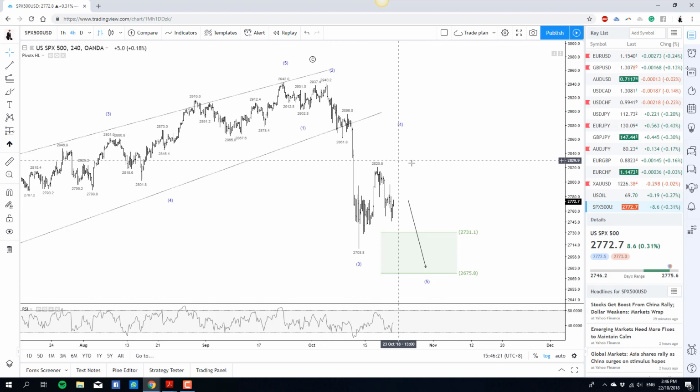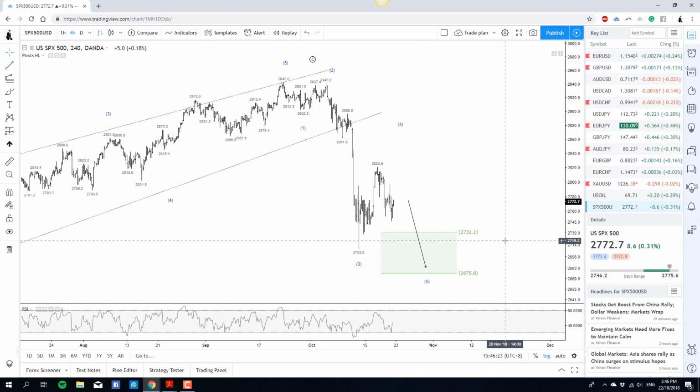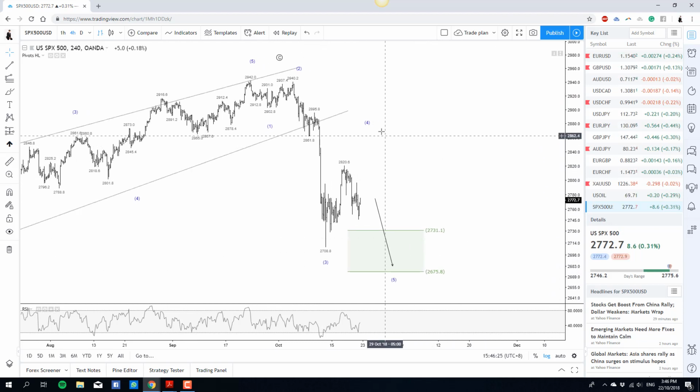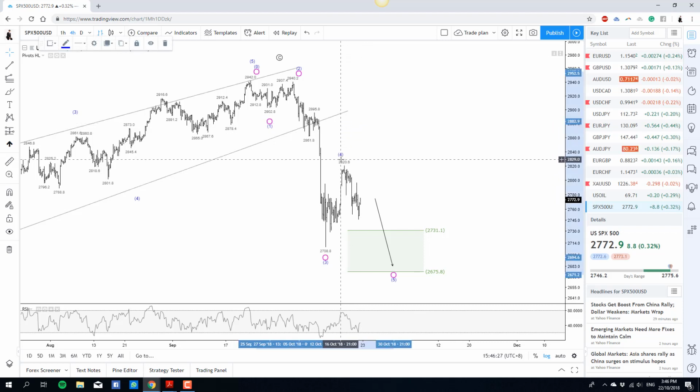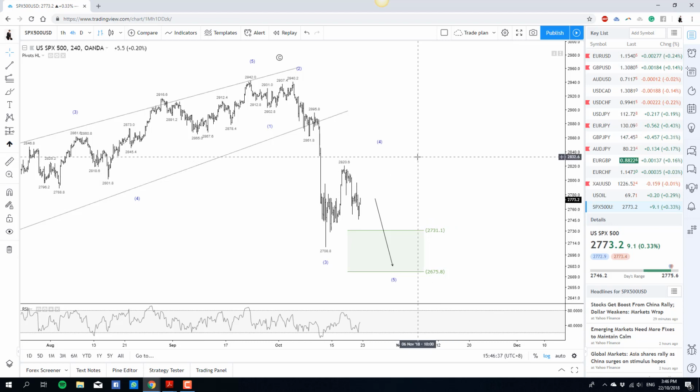Alright, and we are looking for wave 5 to come. Okay, now wave 4 can be completed around this region, or it can take a longer time for it to develop. Okay, so this week itself, we continue to be bearish on the S&P while holding a potential expectation that this can be a corrective move that is still developing.